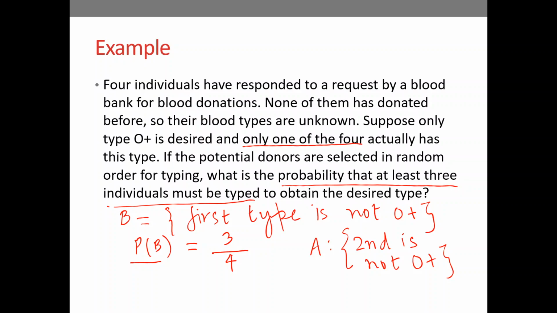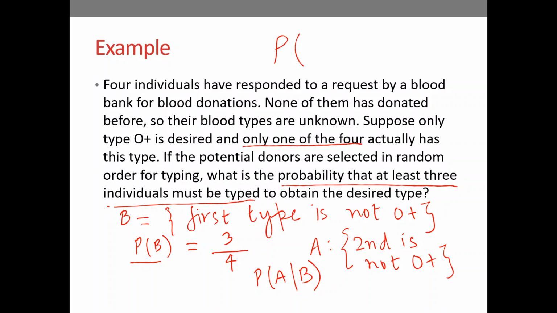Now we don't need the probability of A, but we need the probability of A given B here. Why? Because we are interested in the probability that at least 3 individuals must be typed, which means that already the first one should not be O positive, and given that the first is not O positive, the second one should also not be O positive. And finally, we are interested in at least 3 being typed before we obtain O positive, which means we're interested in probability of A and B.